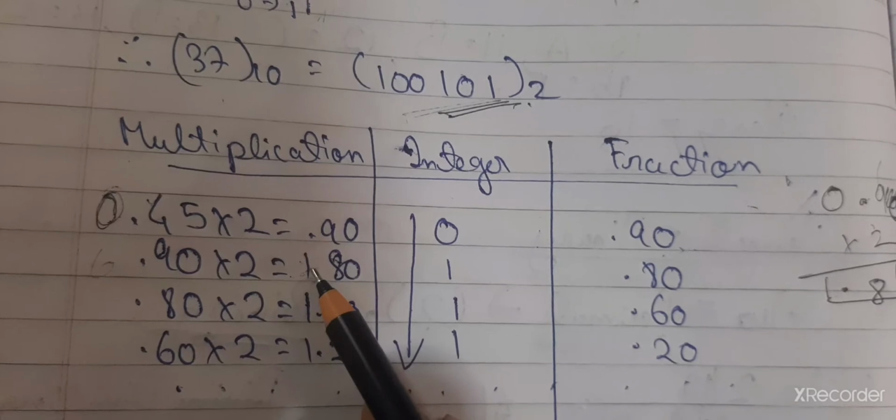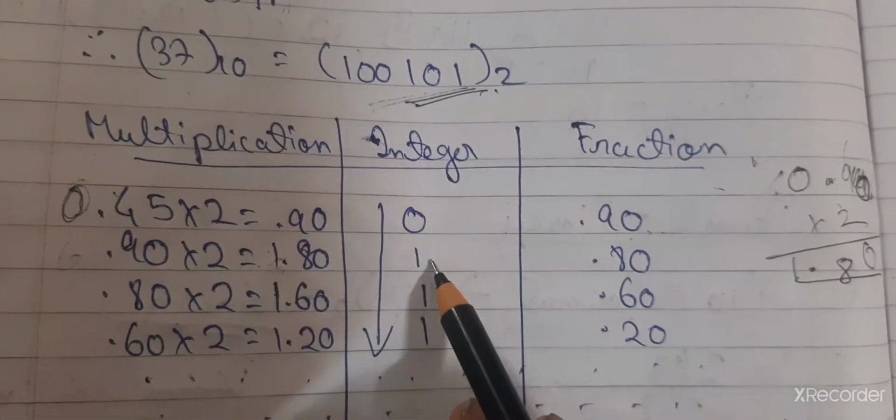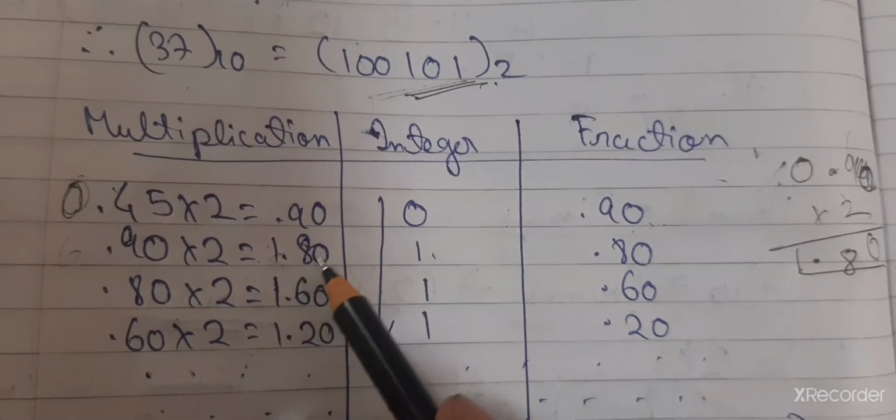So we have the integer part as 1, we write here the integer part, and we have the fraction part as 80, we write in the fraction part.